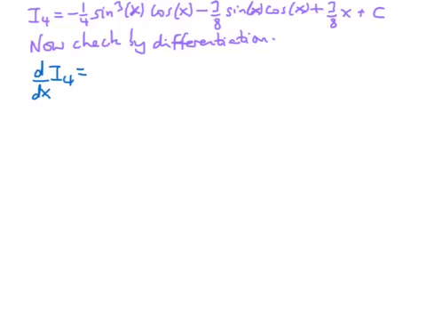So when we differentiate sine cubed, we bring the 3 down, so we have a minus 3/4. We'll bring the 3 down, we'll reduce the power by 1, so we go from sine cubed to sine squared x, and then we multiply by the derivative of the sine of x, and the derivative of the sine of x is the cosine of x, and then this needs to be multiplied by the cosine outside that's sitting here, so that means that we have cosine squared of x.